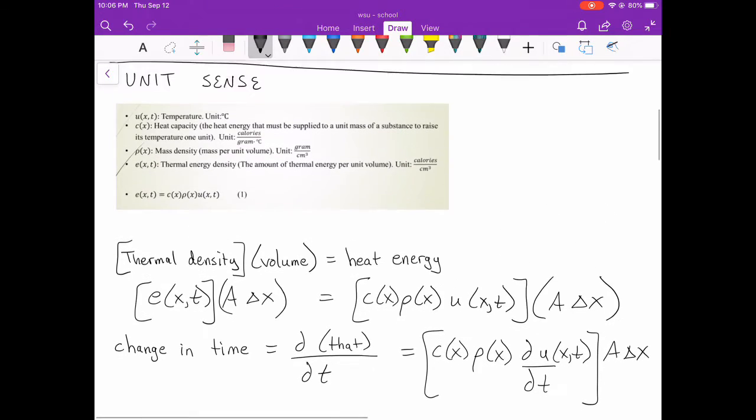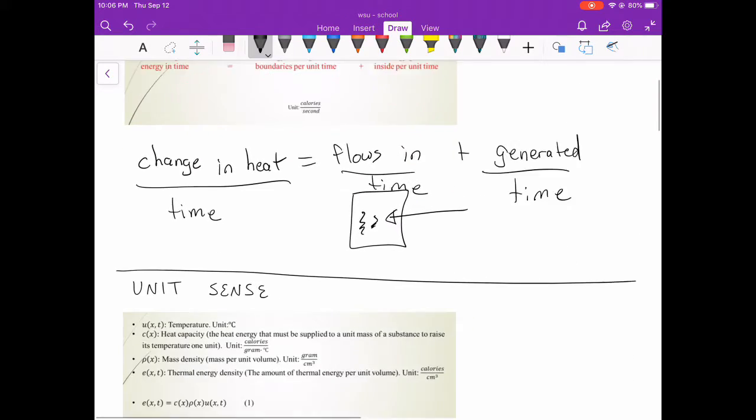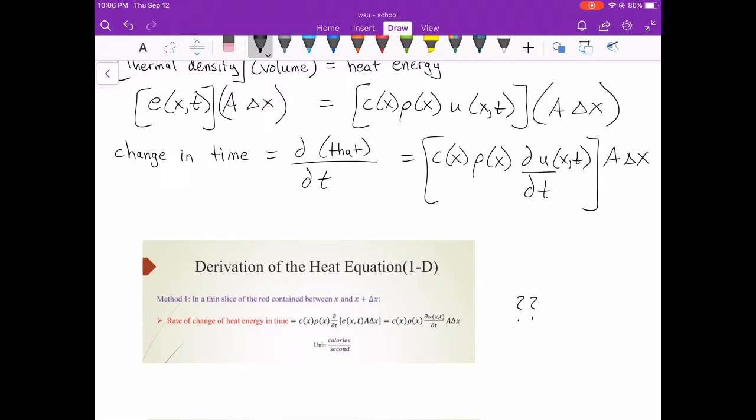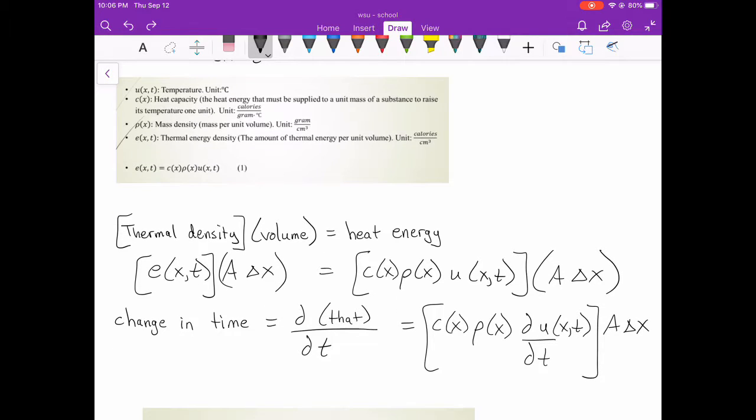So the actual equation, I didn't copy it here. Oh, here it is. All of these different pieces just need to be replaced with whatever the units are.